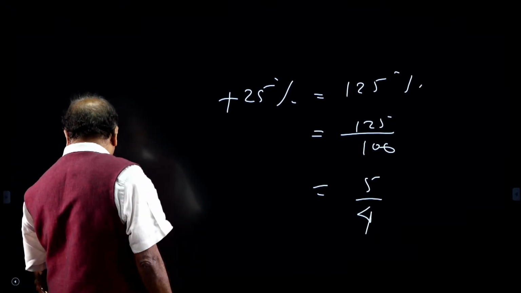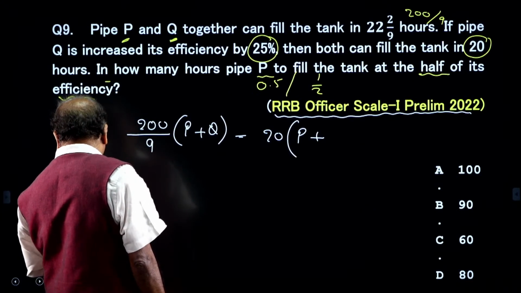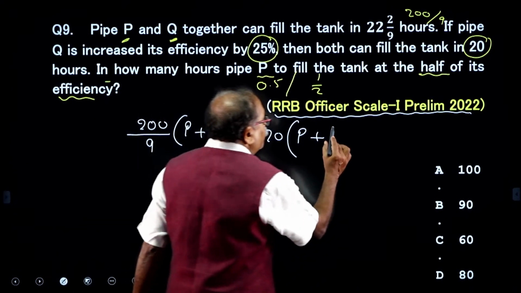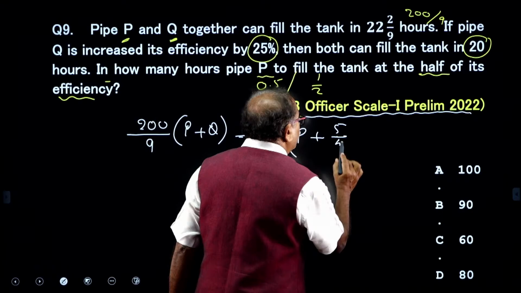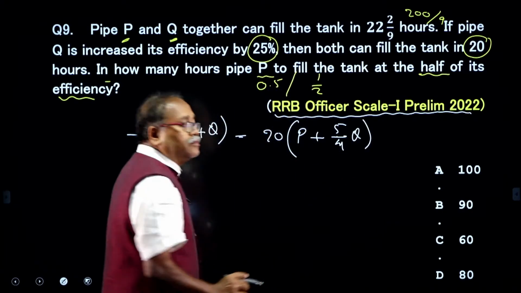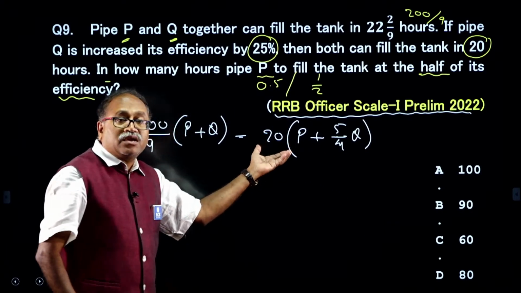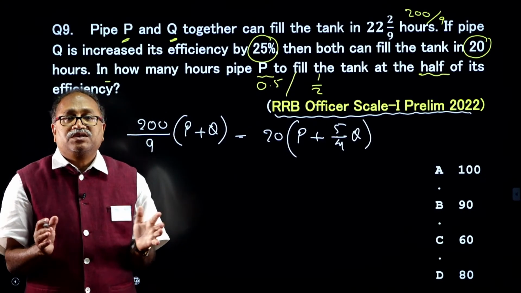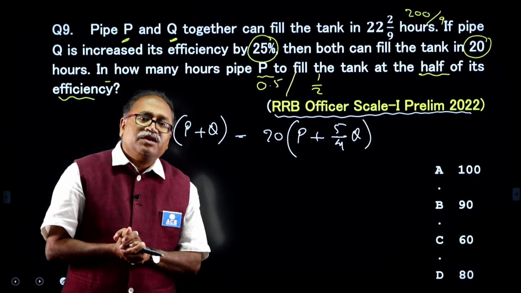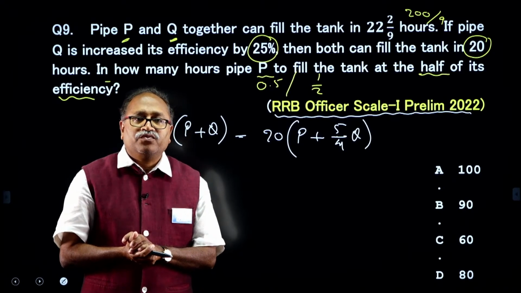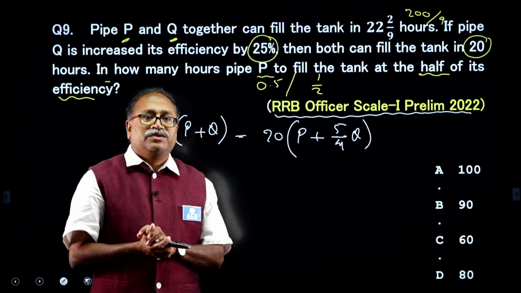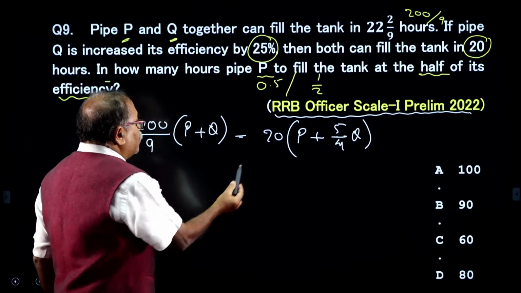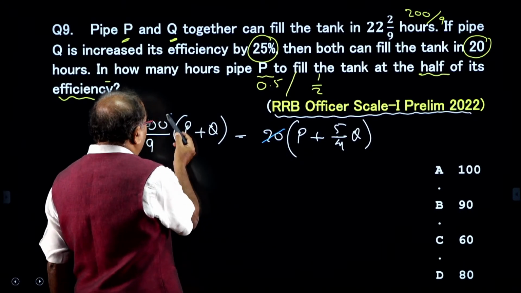So, let's go to the question here. Here it is 5 by 4 of Q. Efficiency into time is the work. Can I get the ratio of the efficiency of P and Q? Yes, my dear friends. Now, let me cancel this one here and here.